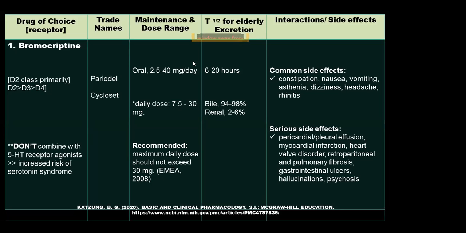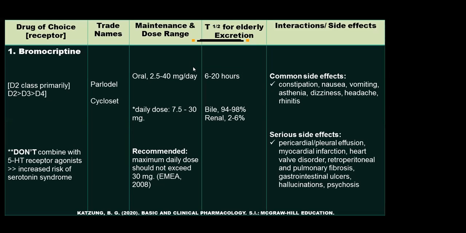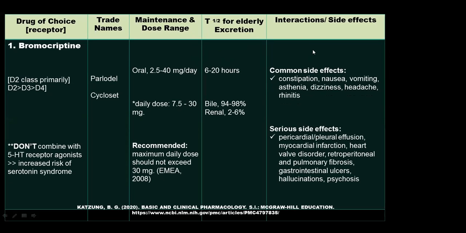So the side effects that are commonly associated with bromocriptine are orthostatic hypotension, headache, nausea, and vomiting. Increased dopaminergic transmission via this drug is also associated with psychiatric side effects such as confusion, hallucinations, and delusions. So impulse control disorders have also been associated with the administration of these drugs.